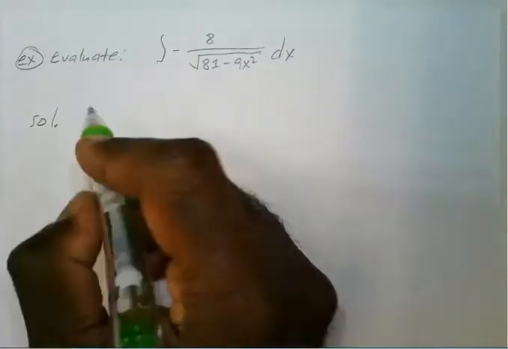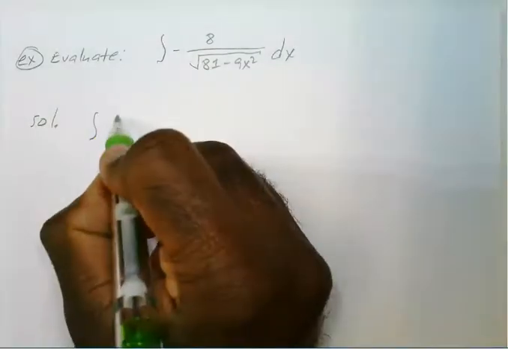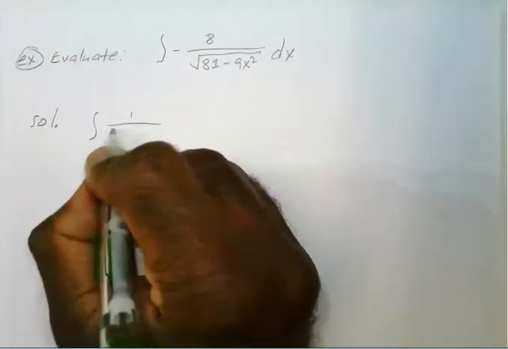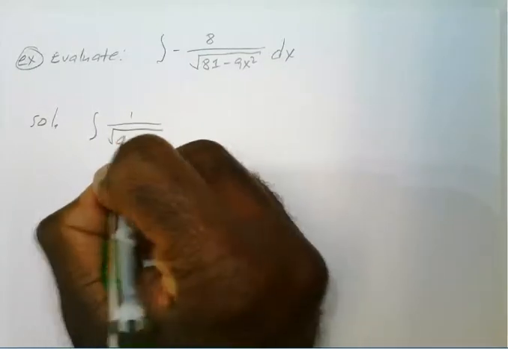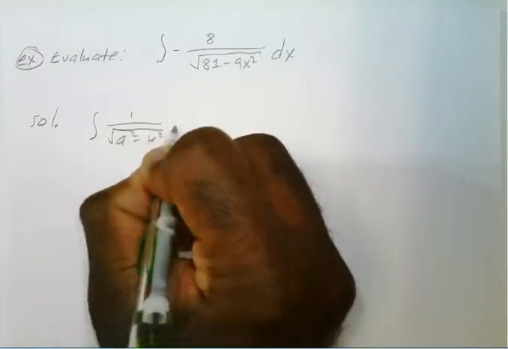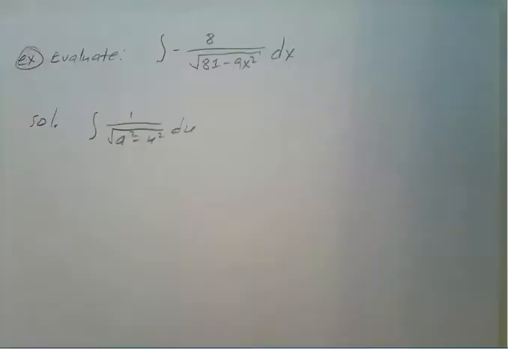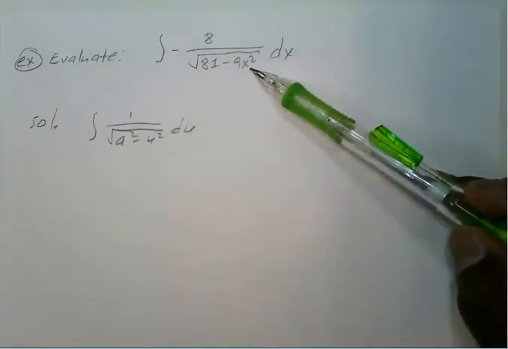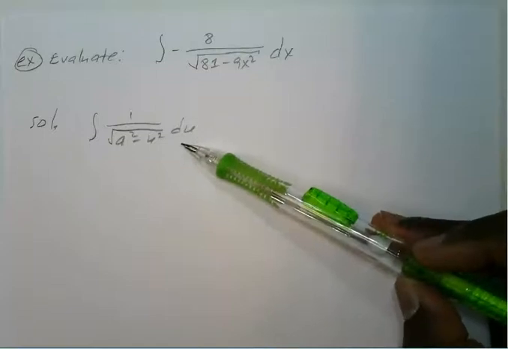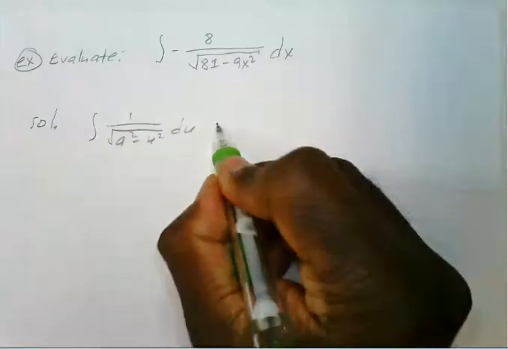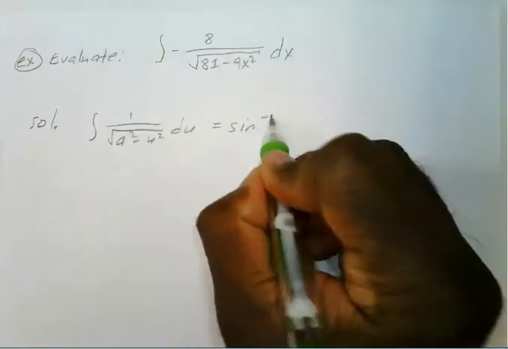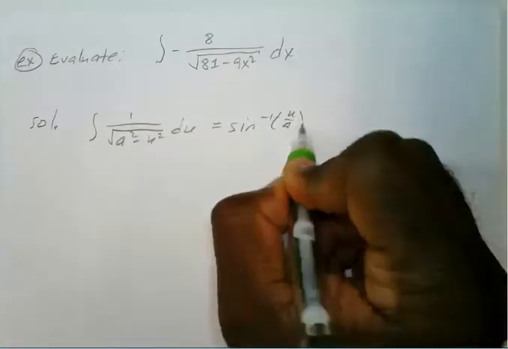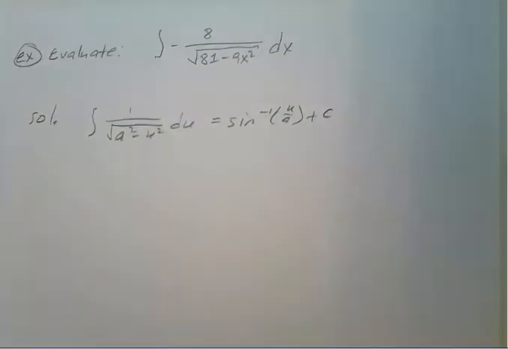And this form really looks like the integral of 1 over the square root of a squared minus u squared du. Okay? And the more you practice, the more you'll be able to look at it and go, okay, this looks like this one. And we know that's equal to sine inverse of u over a plus c.